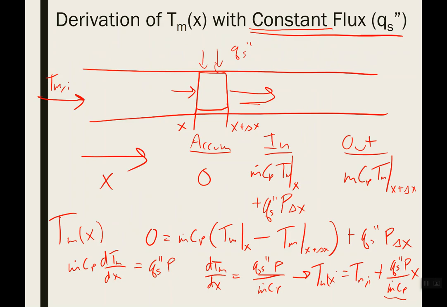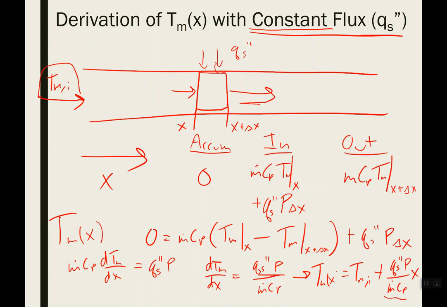So we looked at how do we figure out the mean temperature when you have constant flux in your pipe. So we did this with a differential energy balance. If you had a fluid coming in at some inlet temperature, so you have this T_m,i, so that's the mean temperature at the inlet. It's going to come in at that inlet temperature and it's going to be heated continuously as it goes down the length of the pipe.